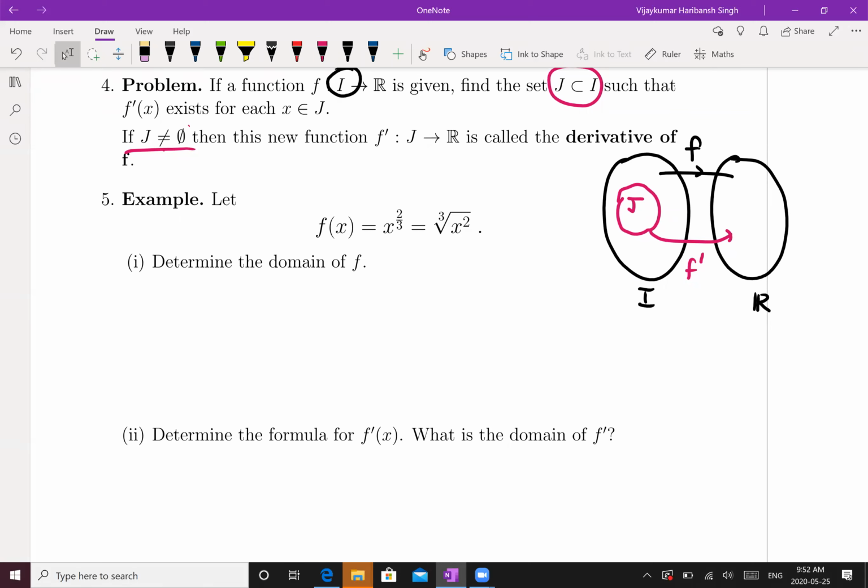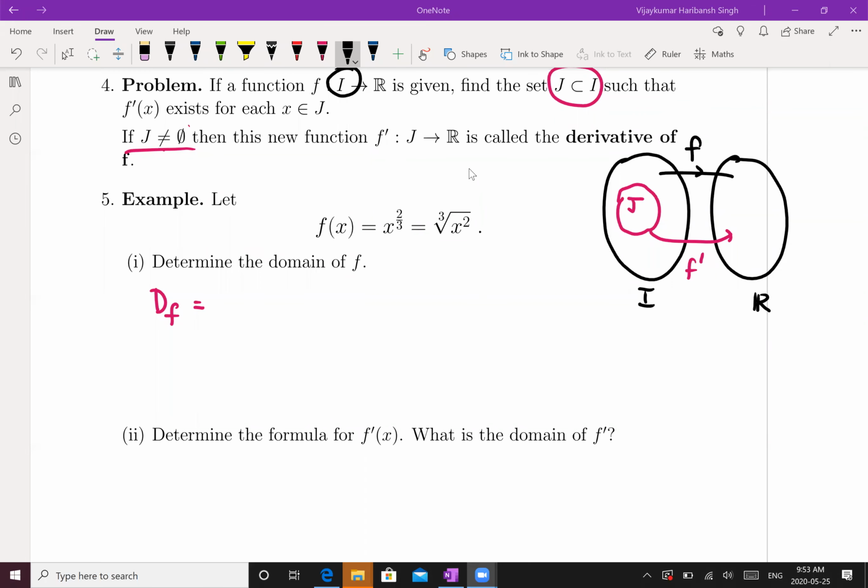So consider the following function. Now, what is the domain of this function? Since you're squaring first, square of all numbers is okay, right?